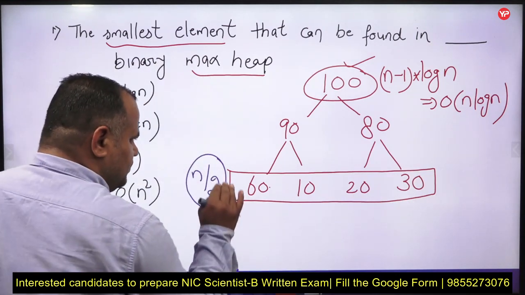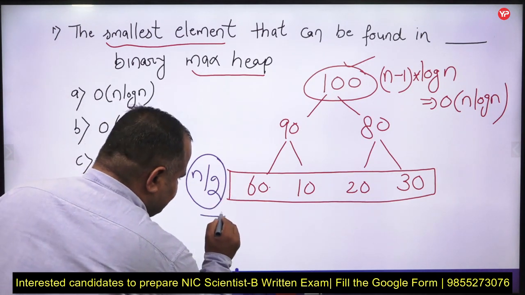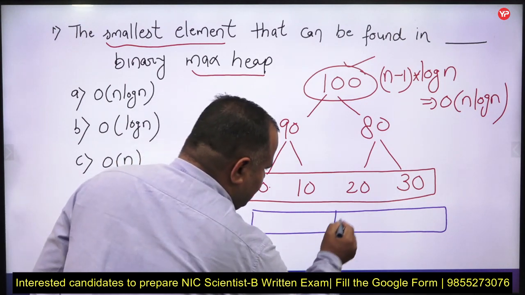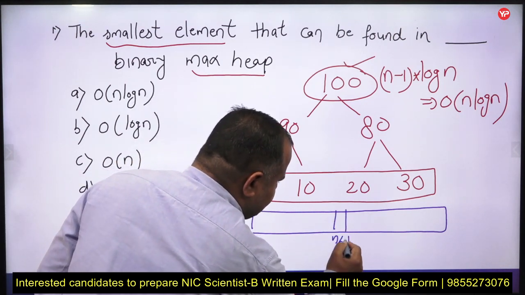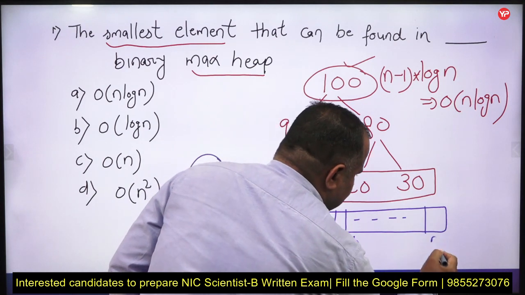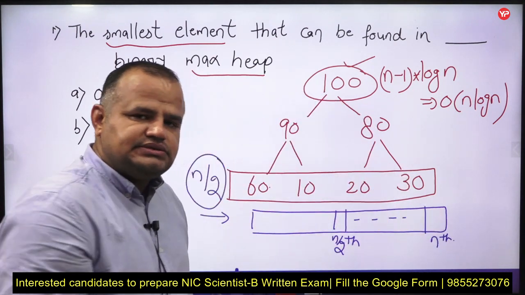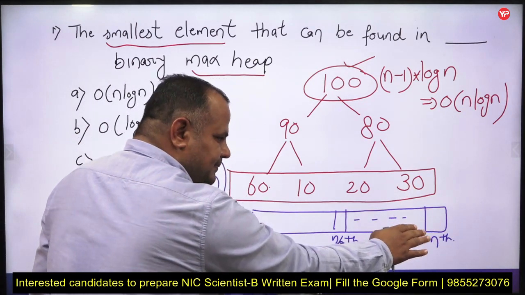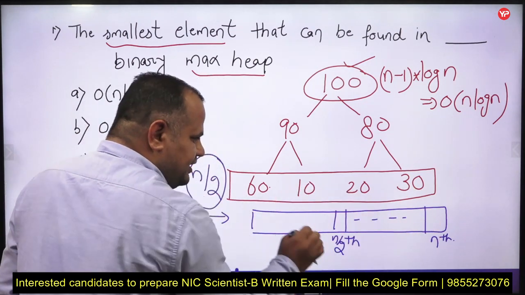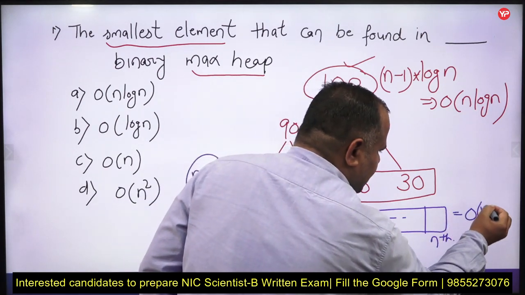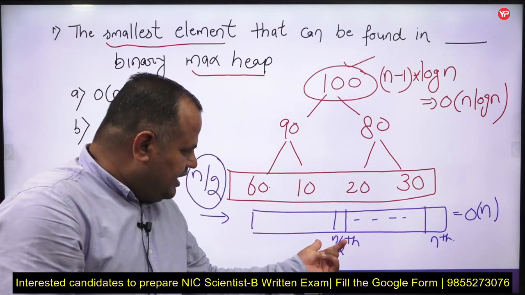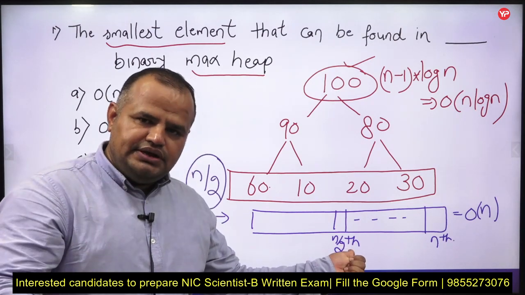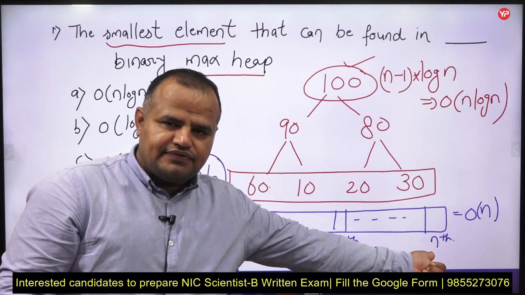So can I search in the array from the n by 2th index to the nth index, or n minus 1 index? If I have an array of n elements and I want to find the minimum element, how much time will it take? Order of n. But in this case I start my searching from the n by 2th index till the nth index.